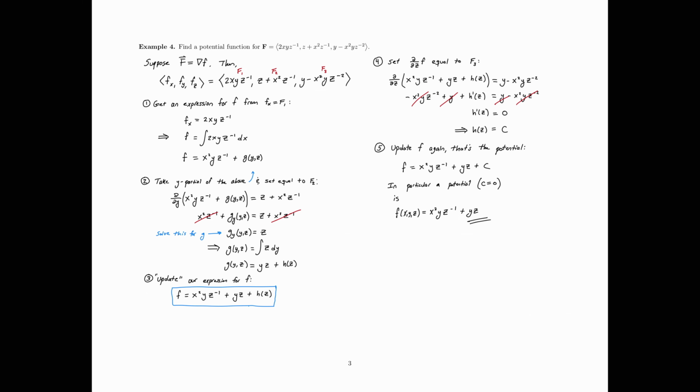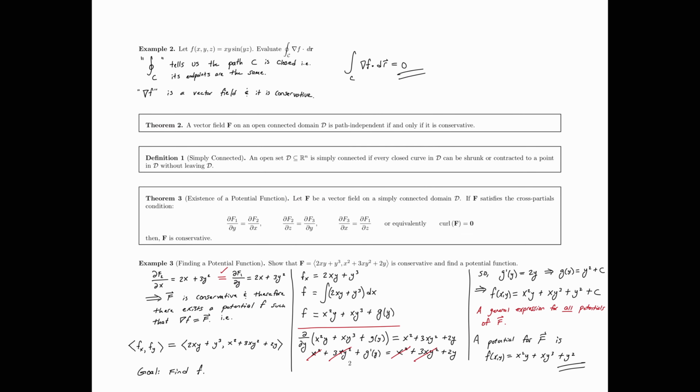Okay, now for the second part here. Is this a contradiction of Theorem 3? Let's go back and take a look at Theorem 3. So for Theorem 3, it says, let f be a vector field.